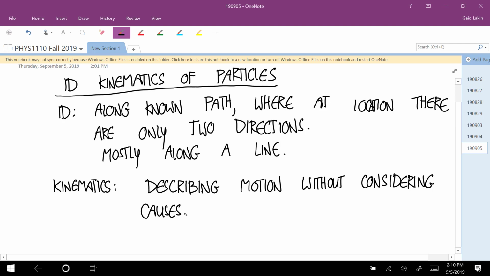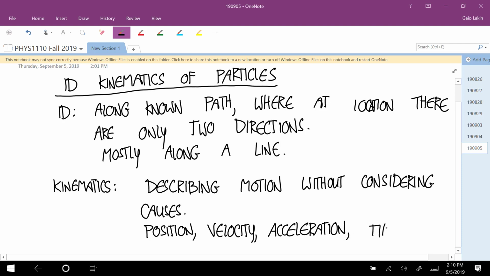This will be mostly relationships between position, velocity, acceleration, and time.